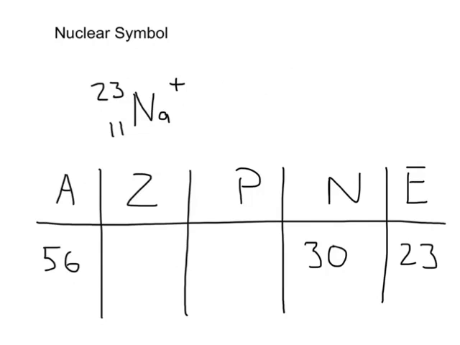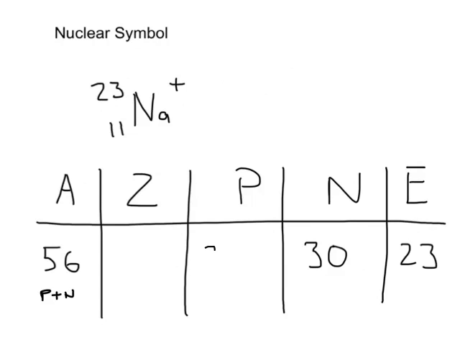Last example here. In this case, I've given you the mass number, the neutrons, and the electrons. Sometimes students get a little confused on this arrangement, but again, remember that the mass number is protons plus neutrons. So if I have 56, and now in this case, 30 of that 56 are neutrons, I still subtract to get my number of protons.